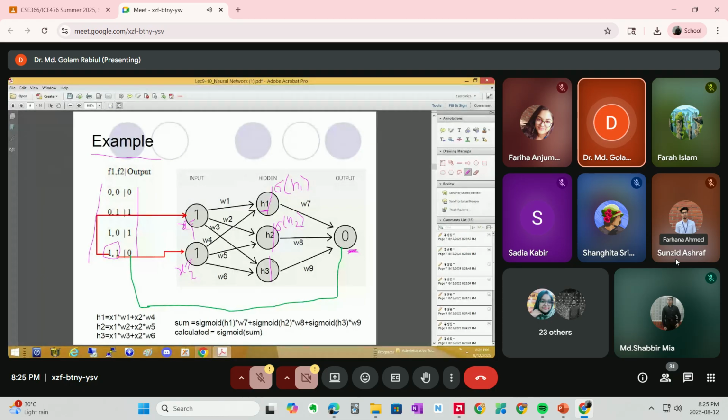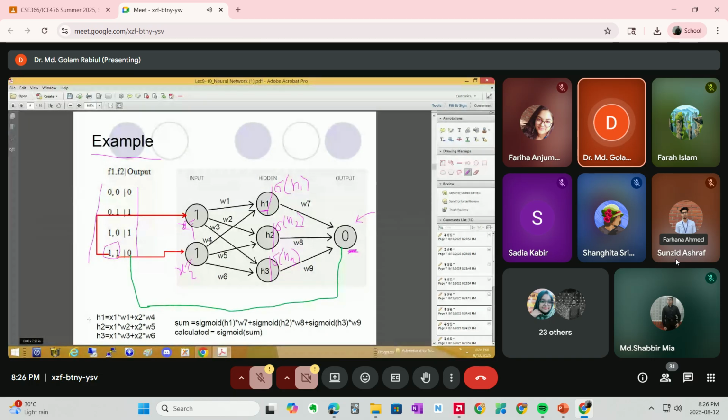Similarly for H2, we pass it through the sigmoid function, and for H3 also, and we got the hidden layer results. These hidden layer results will be the input of the output layer neuron.